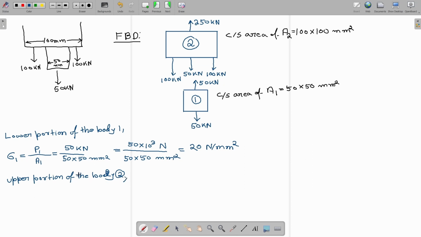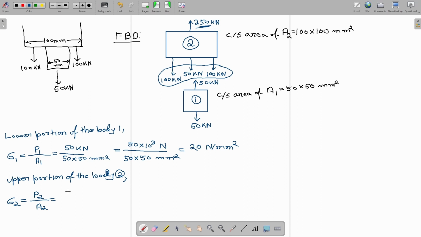The stress sigma 2 is equal to P2 by A2. P2 is given as 250. Here we can see the total load acting on this body is 250 kilonewton in this direction, and adding this up, 250 kilonewton in the downward direction.